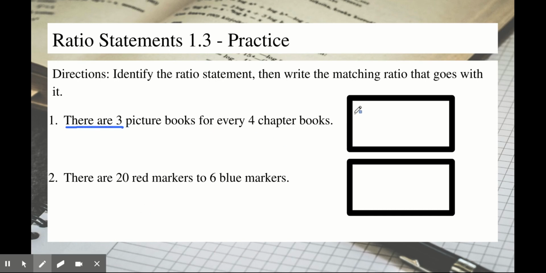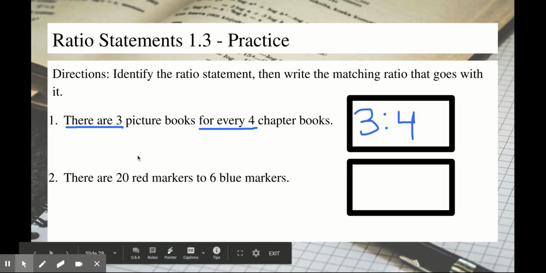So our first number is going to be 3. Then we put our ratio sign. This means for every. And then we put our second number. We are comparing picture books to chapter books.